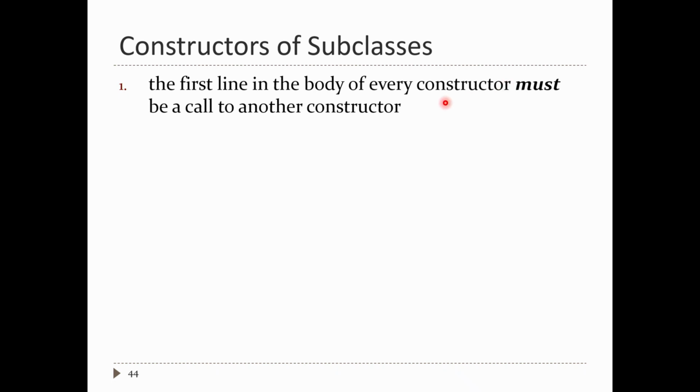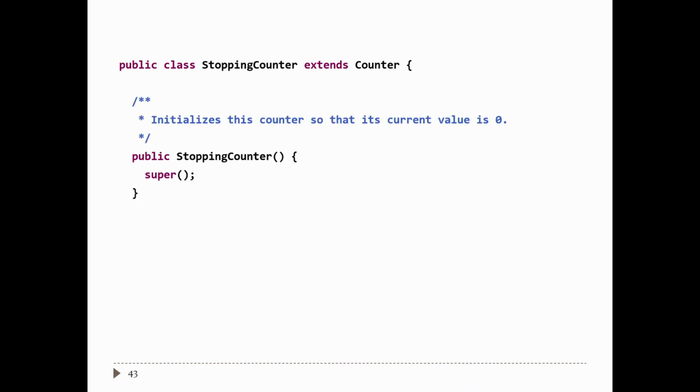We haven't done that in the course so far, but it turns out this is the rule in Java. So on the first line of the StoppingCounter constructor, I am calling the superclass constructor. That is exactly what I'm supposed to be doing.